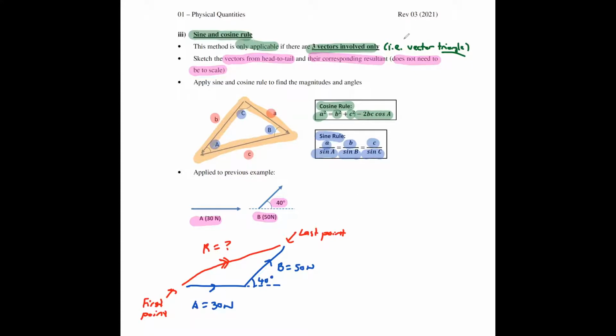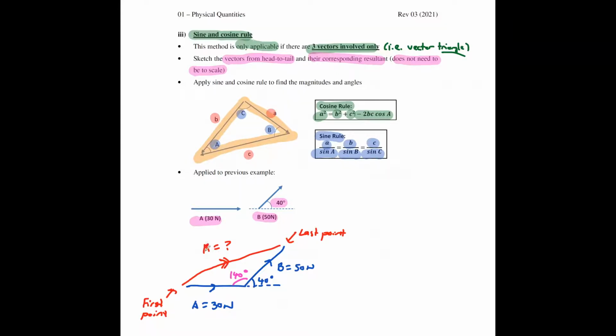Before we proceed any further, if you know that this is an angle of 40 degrees, the corresponding angle here would be 180 minus 40, giving us 140 degrees. Now, let's use cosine rule on this triangle.